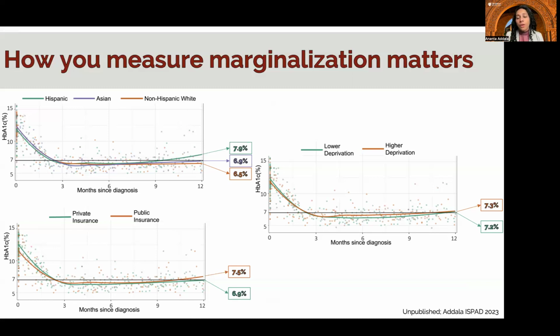So again, we're really working to understand whether a composite score would be the best way moving forward, and that's what our statisticians are working on. But I just thought this was a really lovely example to underscore that marginalization and identity can present differently even within the same group of individuals in terms of how much of a disparity you see.